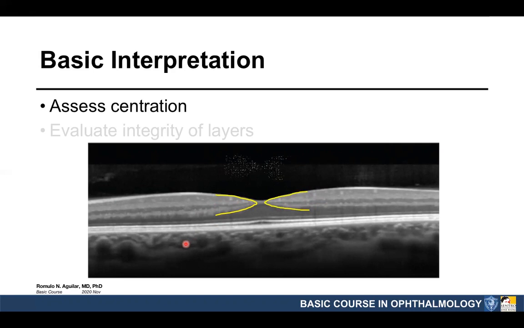It reminds us of what? An hourglass that is lying on its side, or maybe a bow tie, or maybe a butterfly. Now, this configuration is never lost, no matter what happens to your fovea.